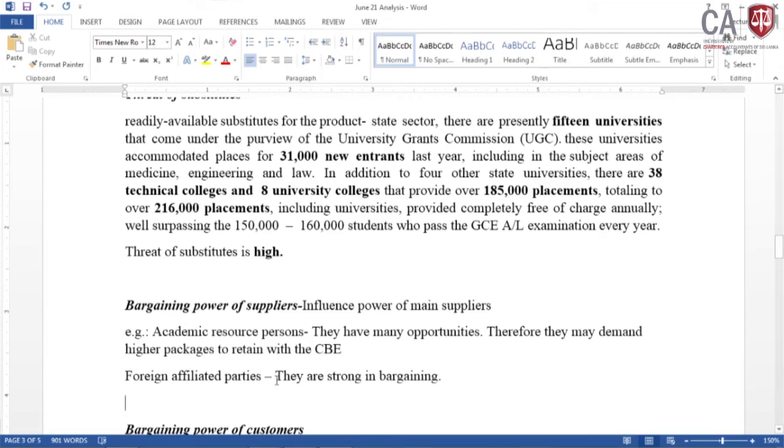I took two parties actually, resource persons, then foreign affiliated parties. What is the conclusion we are going to make? I will say it is high.